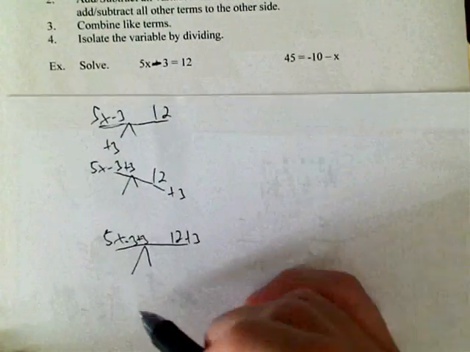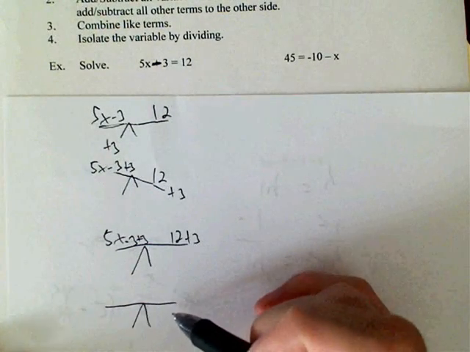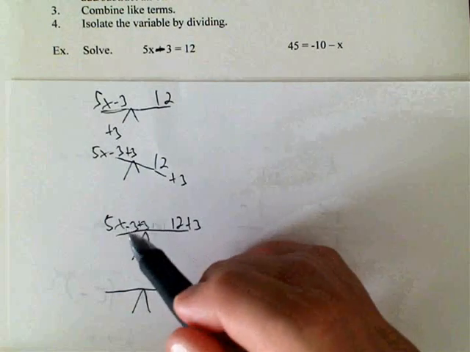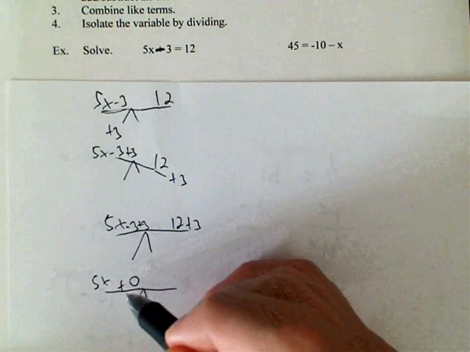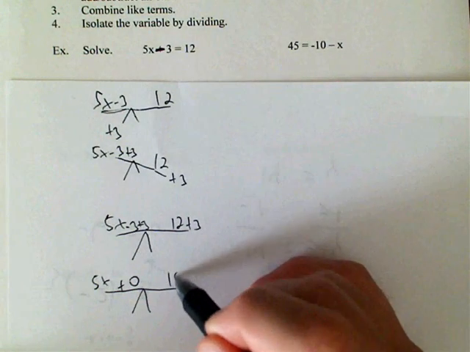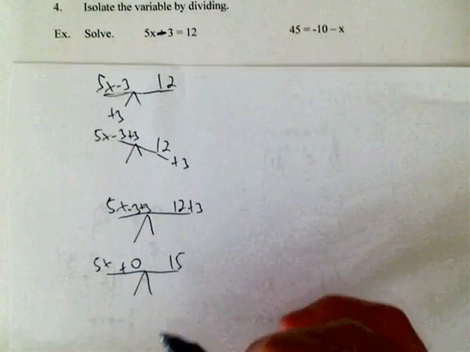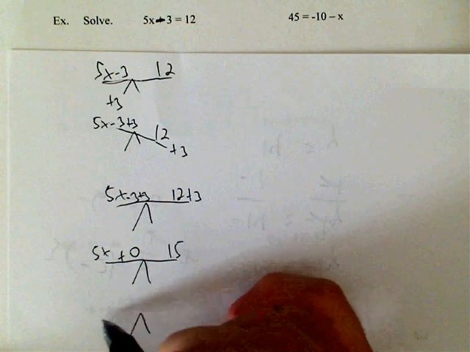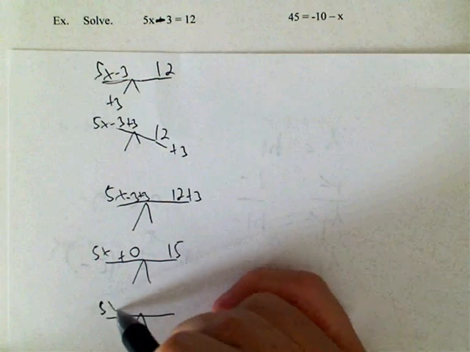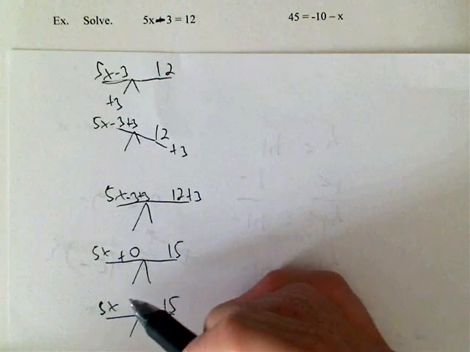And as you can also tell, we have like terms on both sides. Minus 3 plus 3 is 0, and 5x remains, and 12 plus 3 is 15. Now, 5x plus 0 is 5x. Right side remains 15 still.